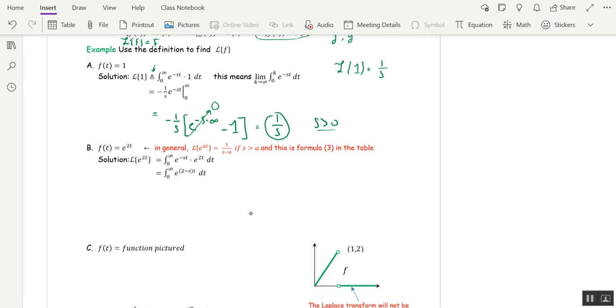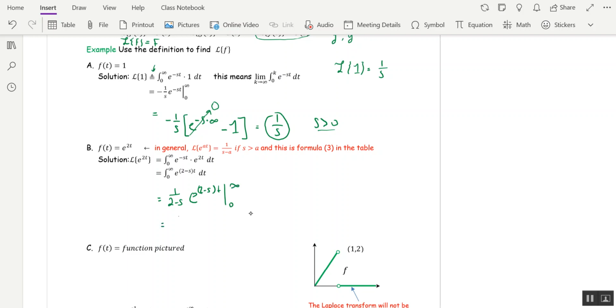In the next step, I combined the exponents. Okay, and now I'm going to integrate. My constant is 2 minus s. So I get 1 over 2 minus s e to the 2 minus s times t, and I'm going to evaluate between 0 and infinity.